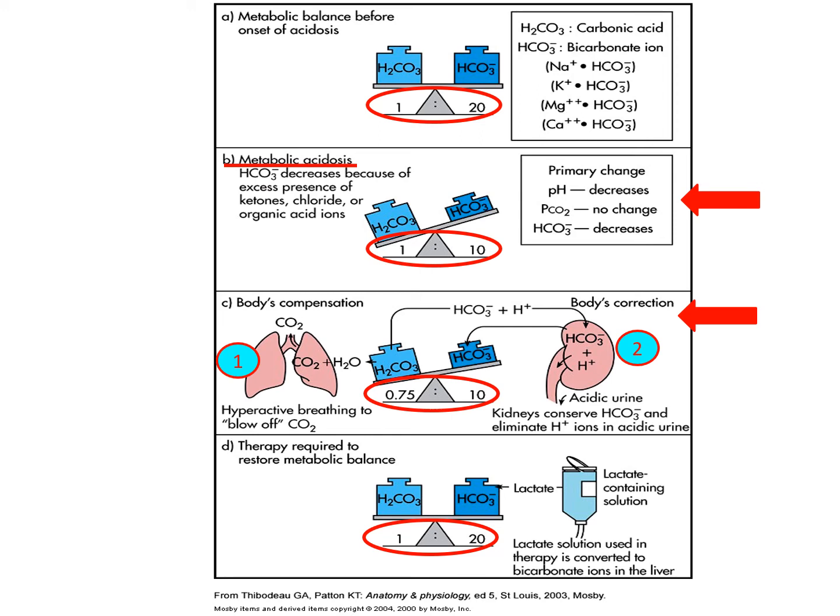This ensures the excretion of large quantities of hydrogen ions while simultaneously reabsorbing bicarbonate from the renal tubular fluid, thus producing acidic urine. As the renal compensation progresses, it brings the ratio of acid versus base to 0.75:10. The therapy, if required, aims at restoring bicarbonate ion concentration.